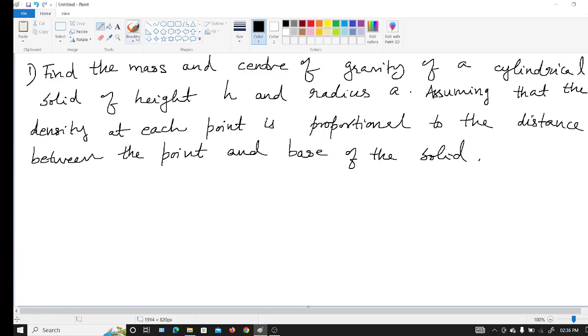We can draw the corresponding figure like this.